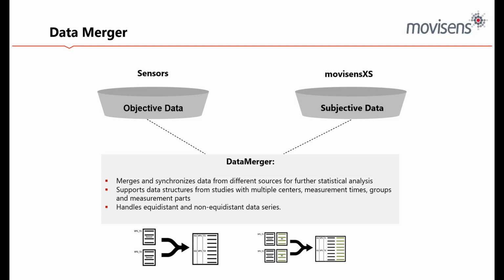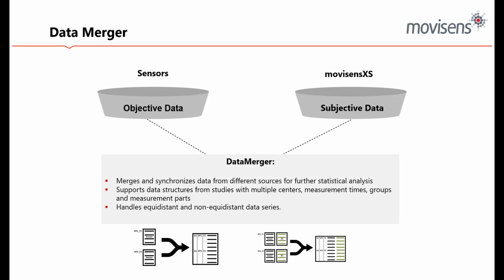Now, it supports data structures from studies with multiple centers, measurement times, groups, and measurement parts, and handles equidistant and non-equidistant data series. So what happens at the end is you will get an output which generates a table with the equidistant data. You can specify the output interval.